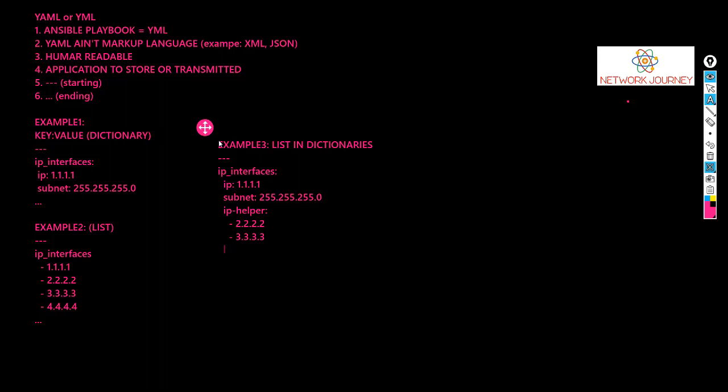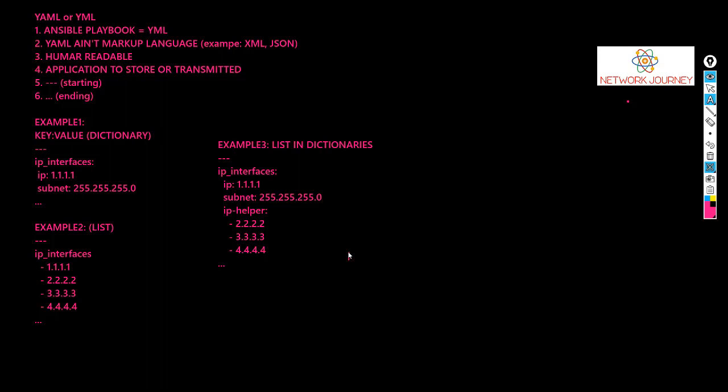So this is like a list inside a dictionary in your YML format. Okay, and now finally you can close this with 3 dots. So this is one way. It's a dictionary format. You have the list format, and then you have list in dictionary.